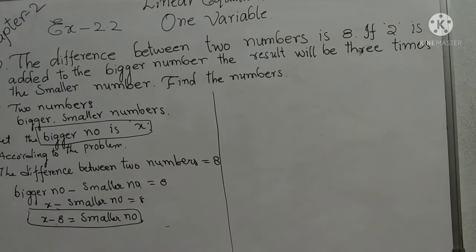By the problem, if 2 is added to the bigger number, the result will be 3 times the smaller number.